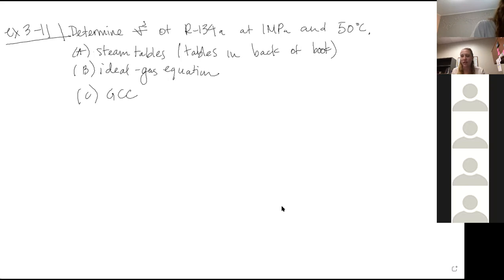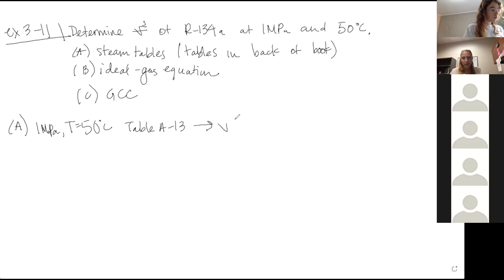All right, in the interest of time, I'm going to start going over the answer. If you're not done yet, I apologize, but I want to make sure that nobody's confused. So for part A, you just need to look up in the steam tables in the back of the book, 1 megapascal pressure, temperature of 50 degrees Celsius, in table A13.